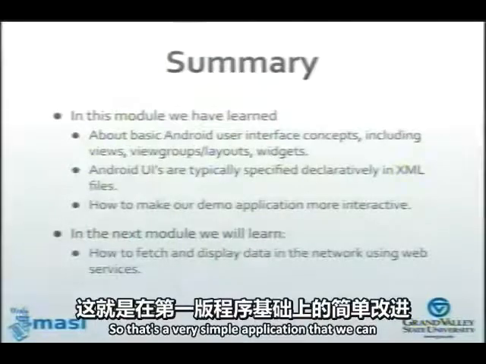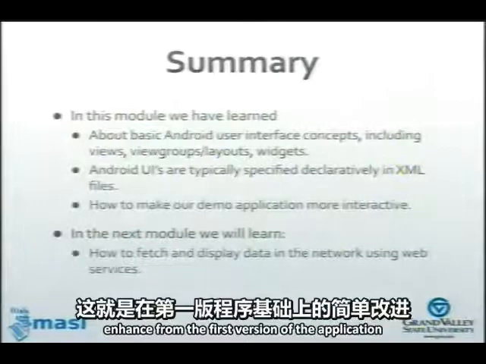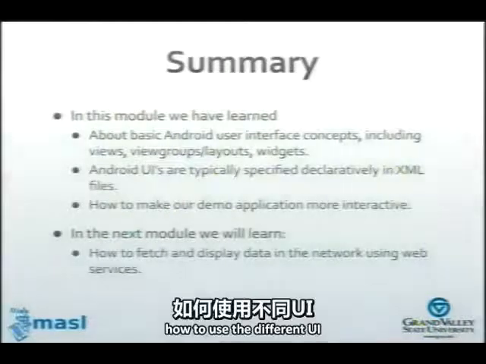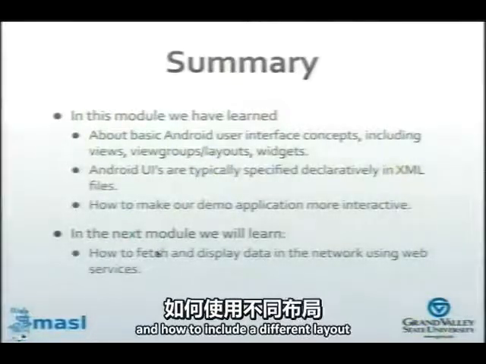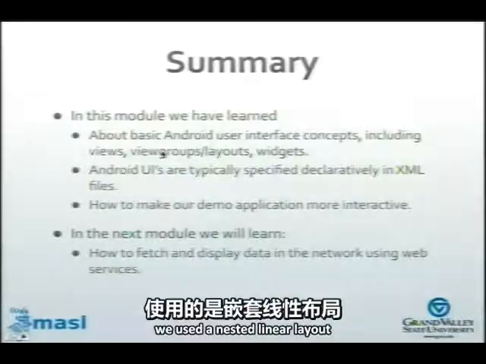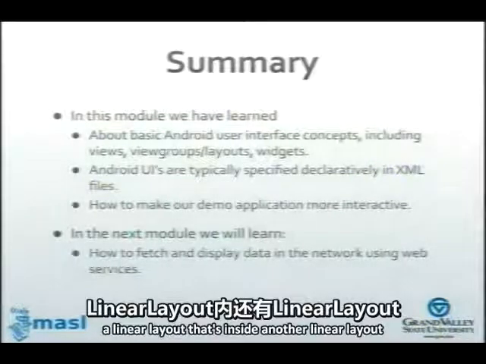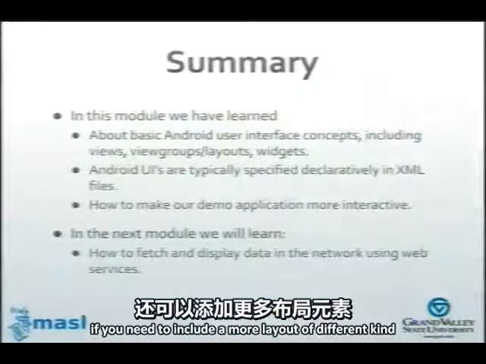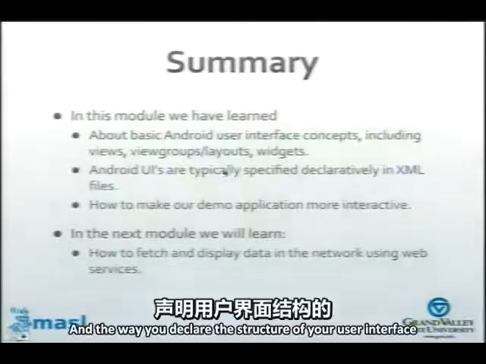So that's a very simple application that we can enhance from the first version of the application. What we have learned here is how to use different UI and how to include different layouts. In our example before, we used a nested linear layout inside another linear layout. Of course, you can make your application more fancy if you need to include more layouts of different kinds.